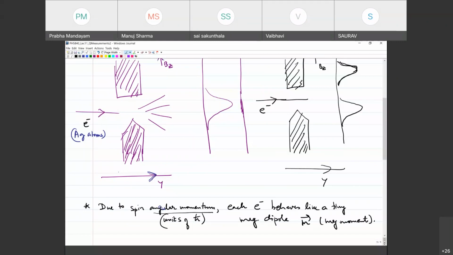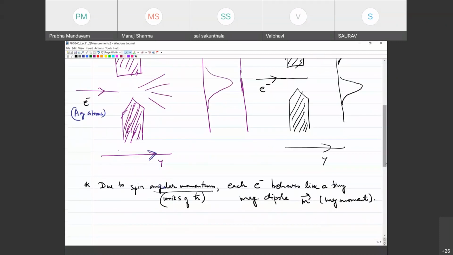Now the next thing to say is that because of this magnetic moment, when a magnetic dipole is in a region of non-uniform magnetic field, it experiences a force. It experiences a deflection. So these electrons will get deflected.